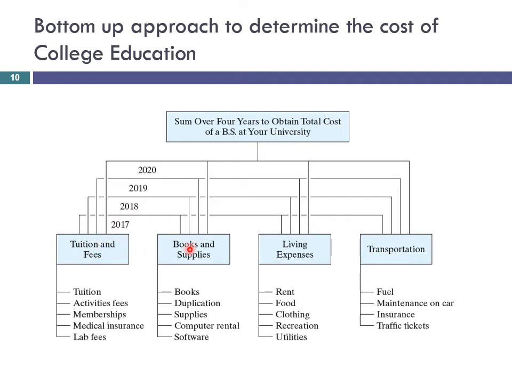And then we would add up all these costs over all these years to come up with your total university expenses in the 4 years. So we are obtaining the cost for smaller units, for subcategories, and we are summing them up to obtain the cost of the 4-year BS degree. This is the bottom-up approach.